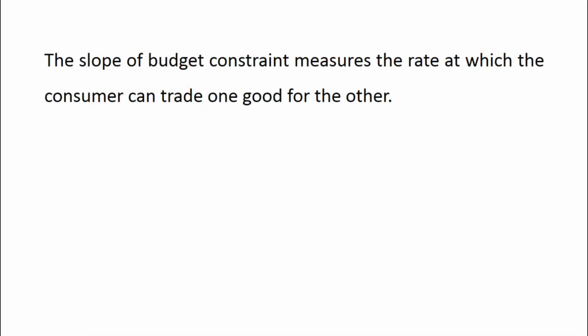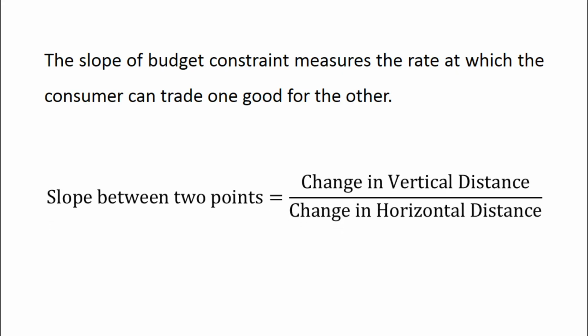The slope of the budget constraint measures the rate at which the consumer can trade one good for the other. Slope between the 2 points can be calculated as change in vertical distance upon change in horizontal distance.